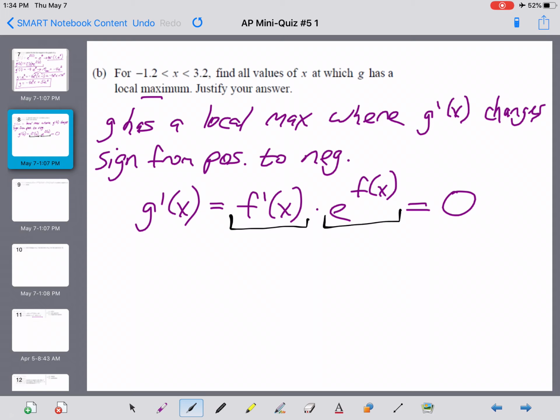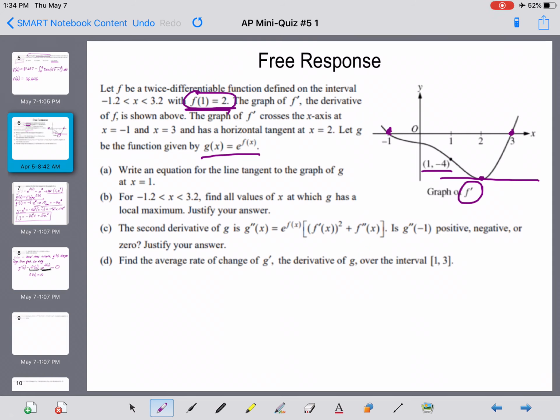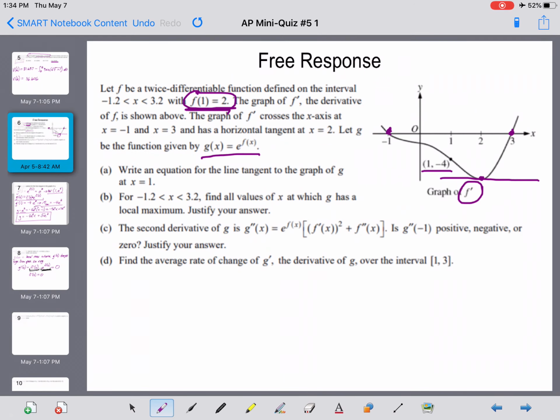Any value of x that makes either one of these two factors equal 0 is going to give us a solution to this equation. But the nice thing is, and this certainly shows up a lot, e to a power, guys, is never going to equal 0. It's impossible. So the only way we can do this is if f prime of x is equal to 0, and I do believe they told us back in the original problem that the graph of f prime of x equals 0 twice, at negative 1 and at positive 3.